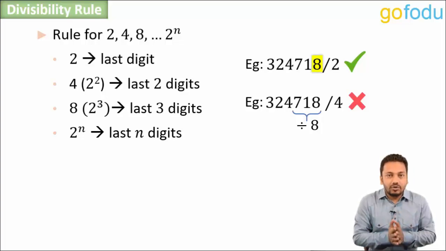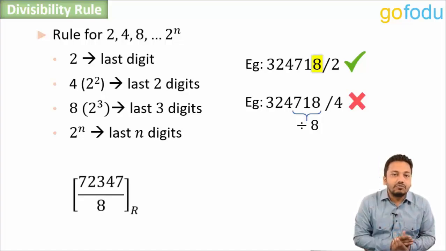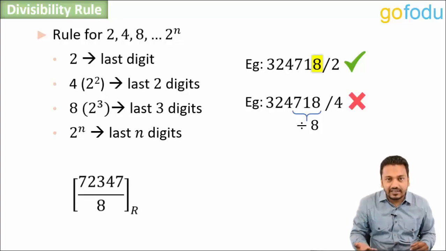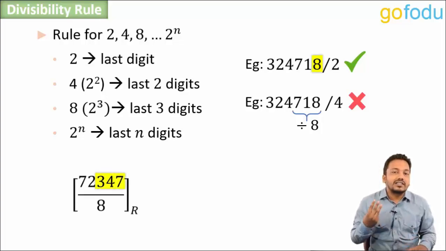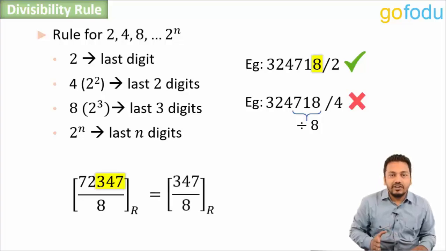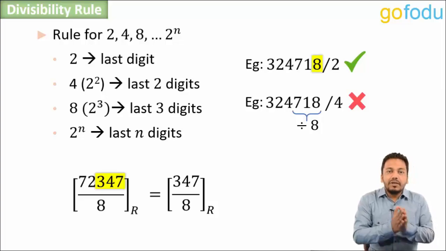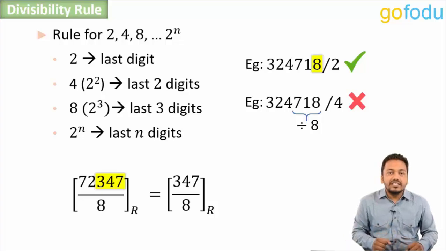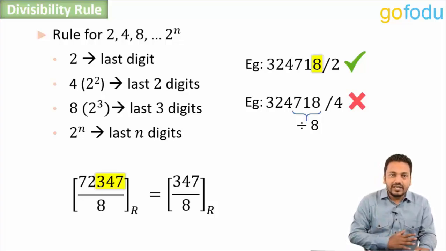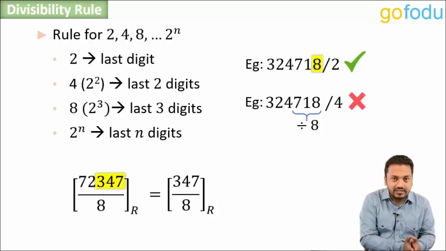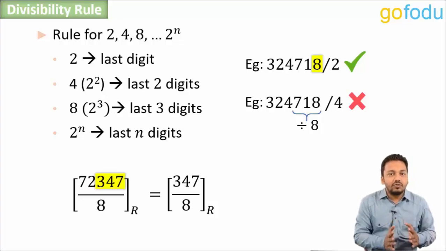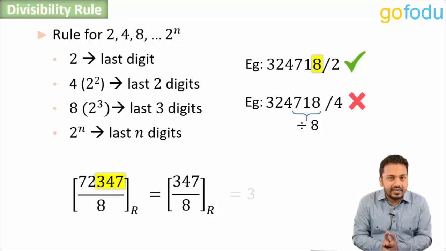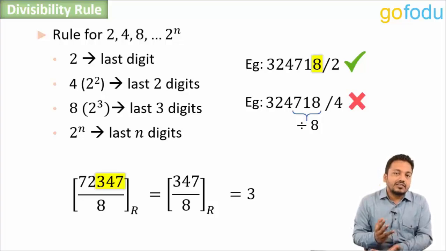For example, if you want to calculate the remainder when 72347 is divided by 8, just go for the last 3 digits. Rule of 8, right? Divide 347 by 8. Whatever is the remainder here will be the remainder for the actual number. So 347 by 8: 8 4s are 32, 8 3s are 24 and 3 remains. That means 72347 by 8, the remainder will be 3.